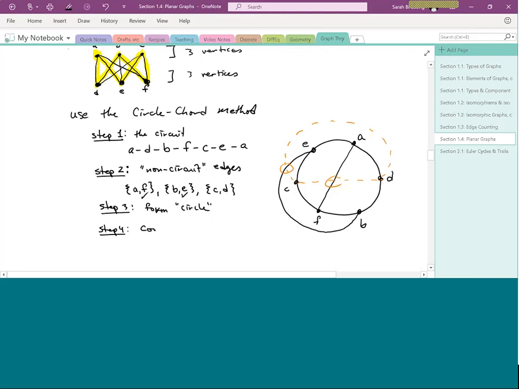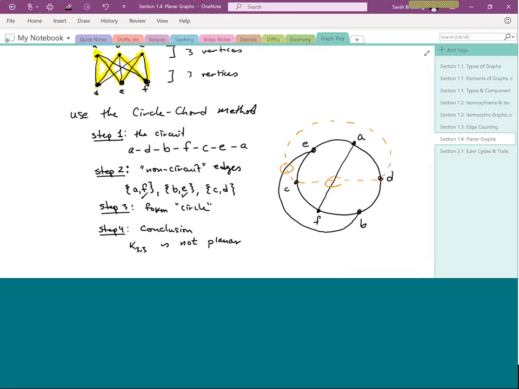What do you guys think? Yeah. So this one here, the conclusion is that this graph, this complete bipartite graph on 3 and 3 vertices, is not planar. This is actually one of the smallest non-planar graphs that we have.